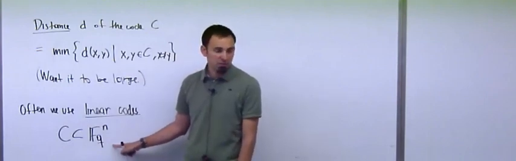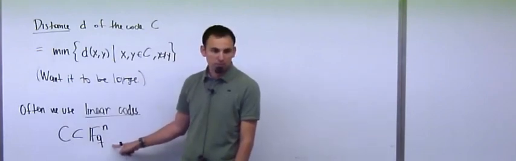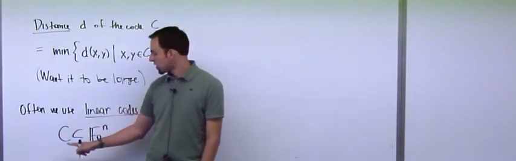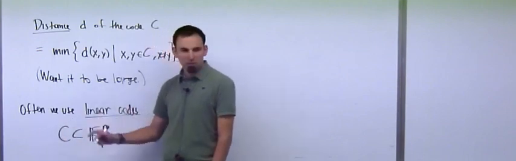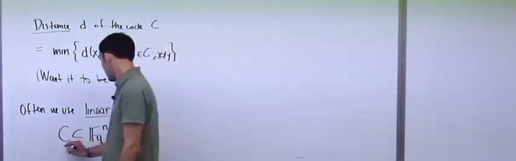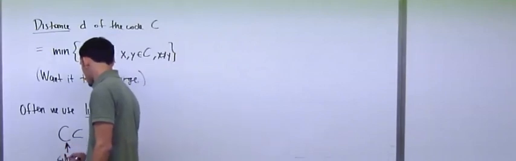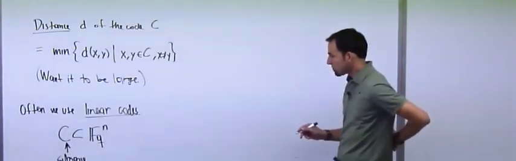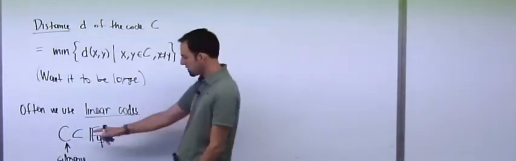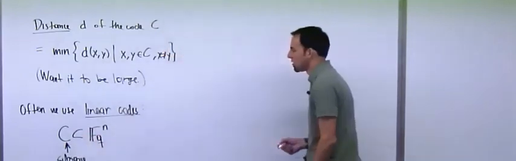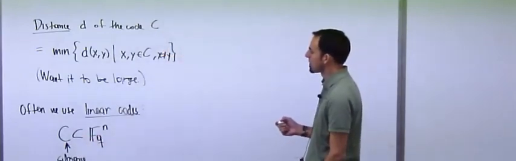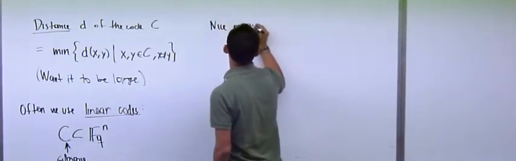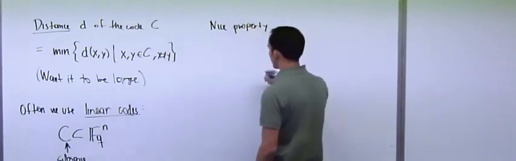And so a very natural subset of F_q to the n is a subspace. Normally we're willing to call any subset a code, but it's going to be easier if we make our code be a subspace. So a code is linear if it's just a subspace of F_q to the n. And the nice thing about them is this.